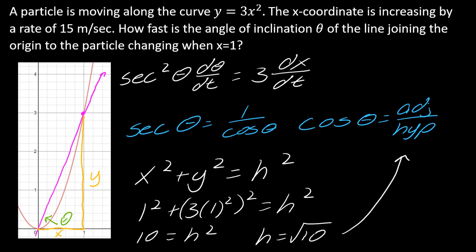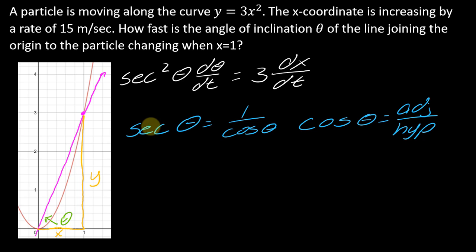Okay, so let's filter all of that information, everything we just talked about, and put it back into here. First things first, the cosine of theta equals 1 over the square root of 10. Now remember, where we're trying to actually plug this in is into this secant squared theta. So I actually don't even have to figure out the angle.